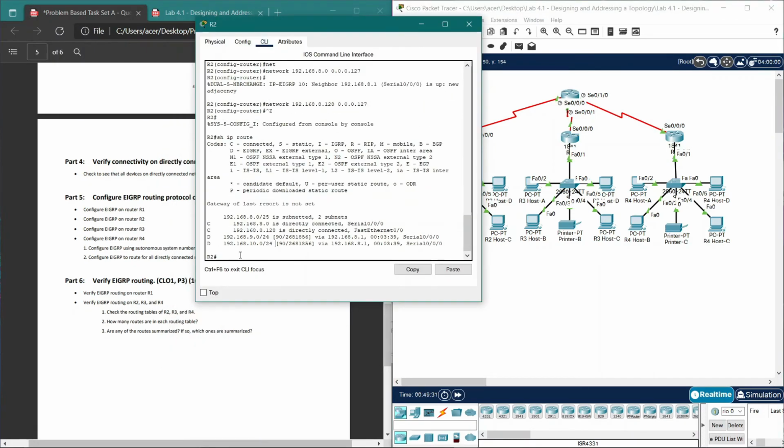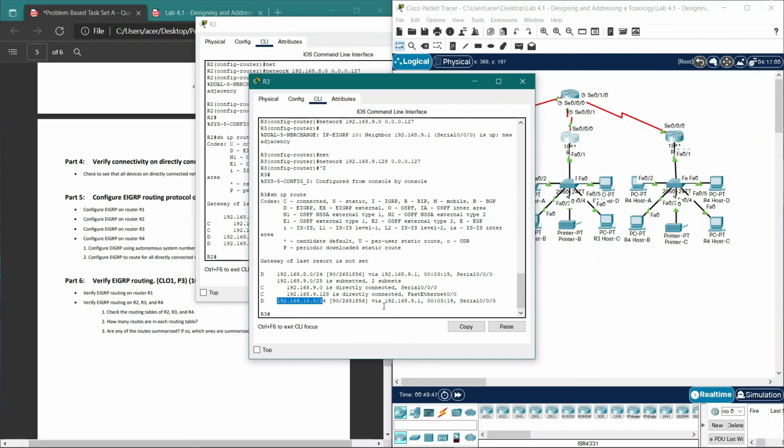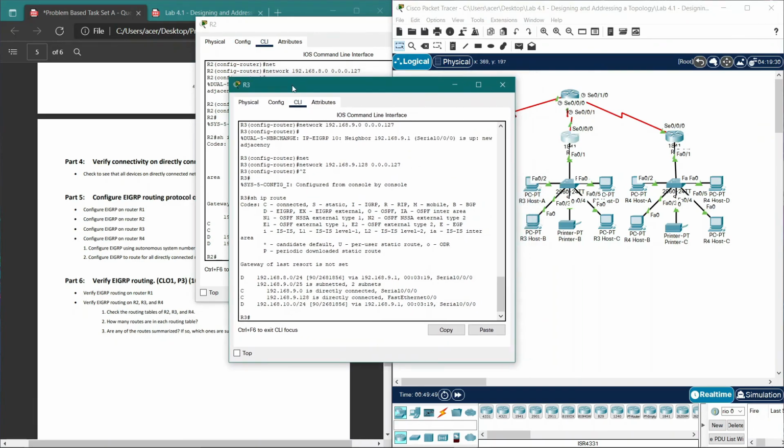And here we can see in R2 the networks 192.168.9.128 and 192.168.10.128 are summarized into the 9.0 and 10.0. The subnet mask is also changed to /24 instead of /25. The same goes for R3.